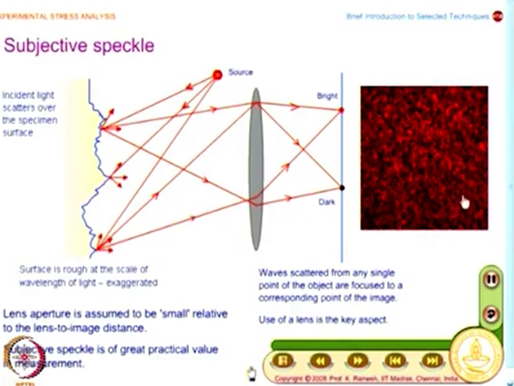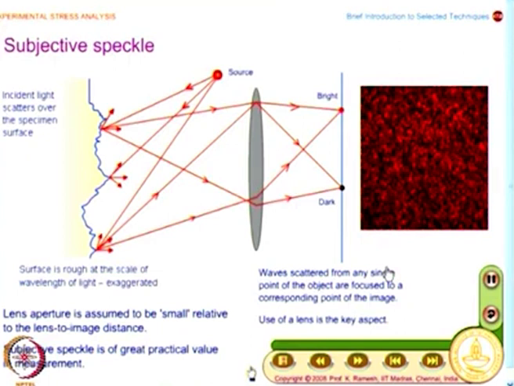I have the speckle beautifully formed because I have a lens, and we have already seen that it is temporally constant, as a function of time it does not change, and spatially determined. It is like a fingerprint, the same concept I will again reinforce, we will have a look at this in the next slide as well.